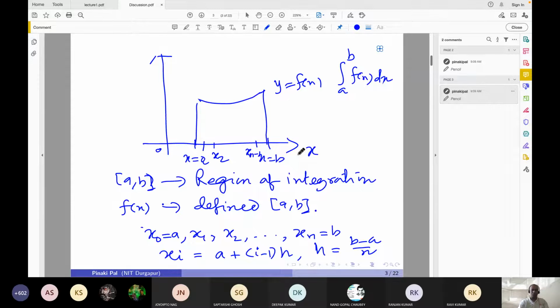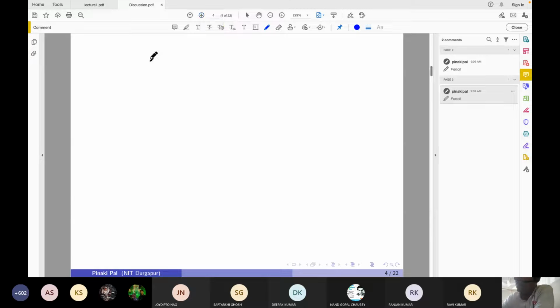And then, for textbook problems, we evaluate the value of the function in the left of each subinterval. So this is the definition. Let us have a look at it.